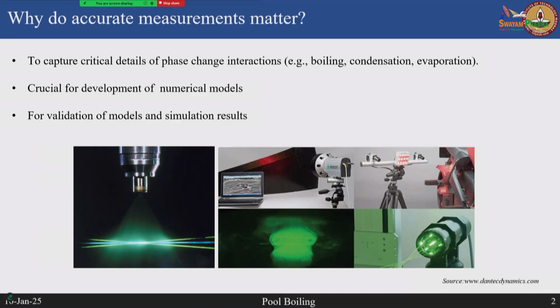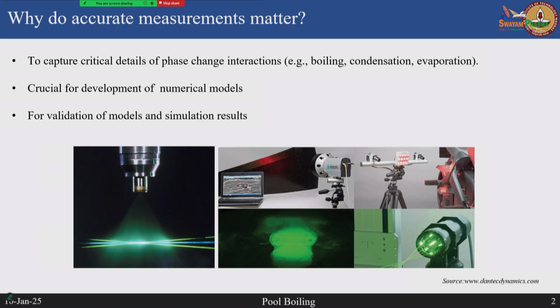And why do we need such kind of measurement? If you are doing a velocity measurement using PIV, or looking at temperature distribution using infrared imaging, all this information from experiments is finally used to validate numerical models.